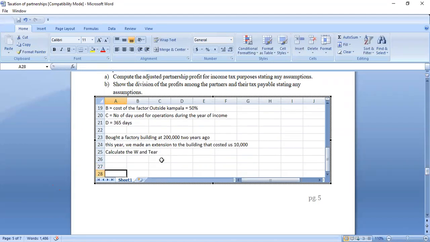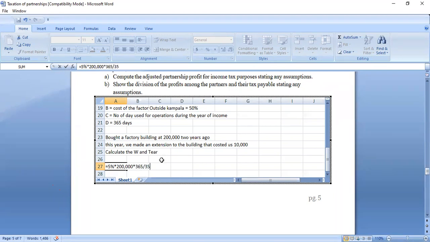Okay, so what I'm saying is, what you had as a building, the old building, you treat it the normal way. The rate is 5%, times the cost of the old building, times the number of days you have been using it for operations. In this case, I didn't specify, so you assume the full year.